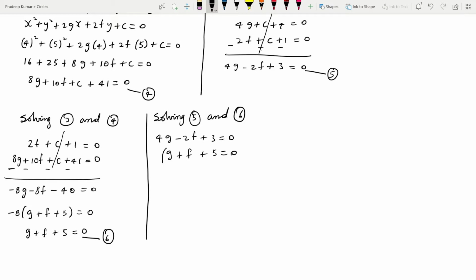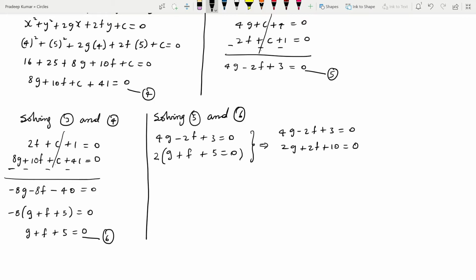As nothing is equal, I'll just multiply this sixth equation by 2, so that I can get 2f, so that I could cancel it in both of the equations. So when I multiply the complete equation by 2, let's see what we get. I'll be getting 4g minus 2f plus 3 equal to 0, and 2g plus 2f plus 10 equal to 0 into 2, it was 0.